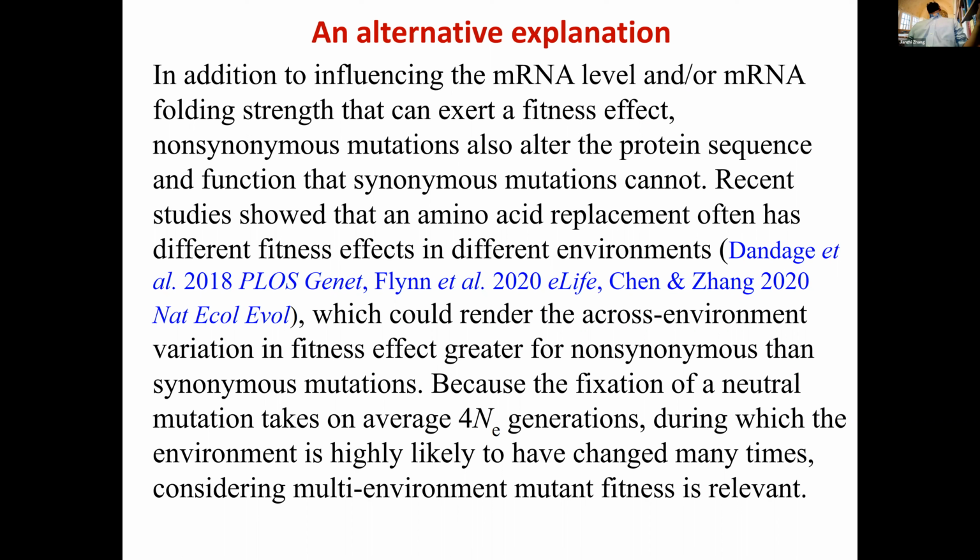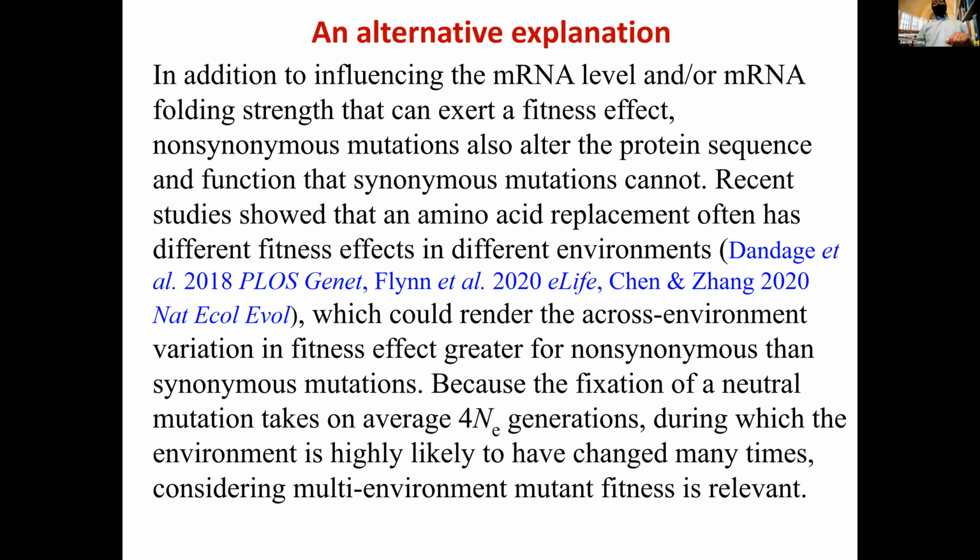Now, if synonymous mutations do not have variable effects in different conditions, but non-synonymous mutations do, then that difference could cause a dN/dS ratio smaller than 1. We have to consider multiple environments because the fixation time for a mutation is very long. For a neutral mutation, it takes about 4N generations, and the environment is unlikely to be constant during that time.